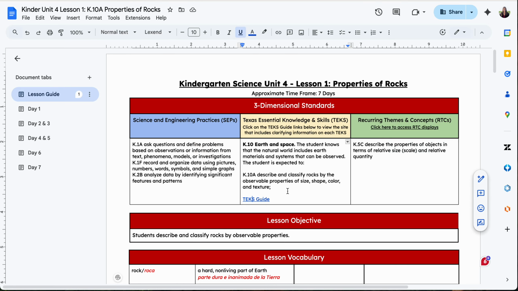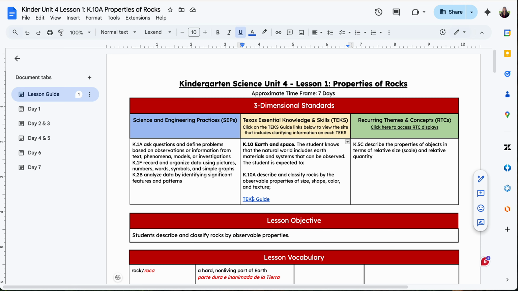The TEKS for that unit is describe and classify rocks by the observable properties of size, shape, color, and texture. So we have an overlap here, where describing properties of objects in terms of size is a good fit for describing and classifying rocks by the observable physical property of size.